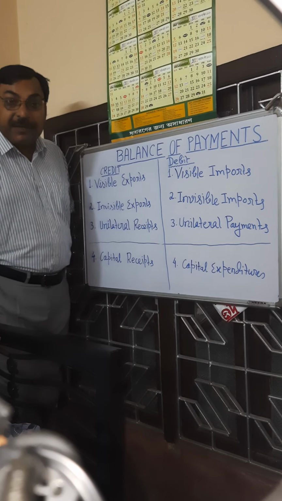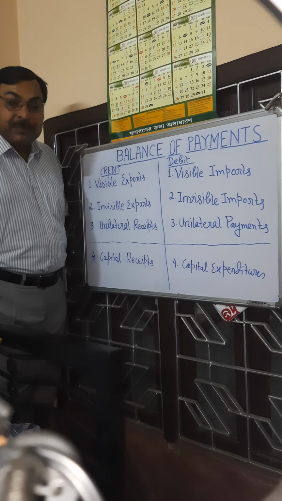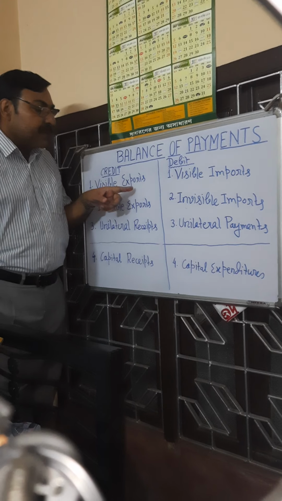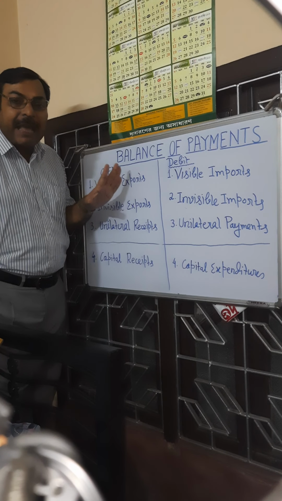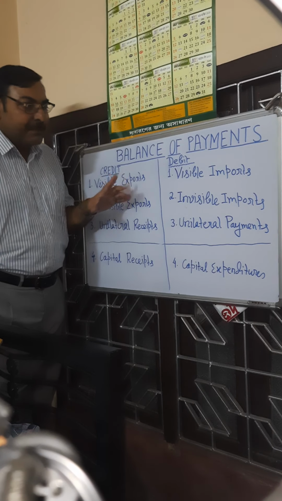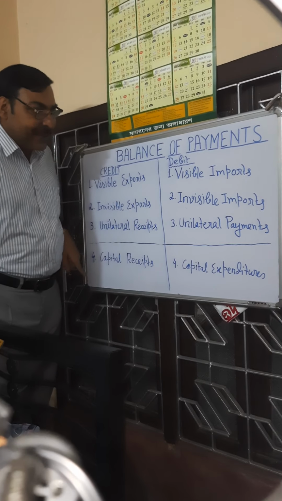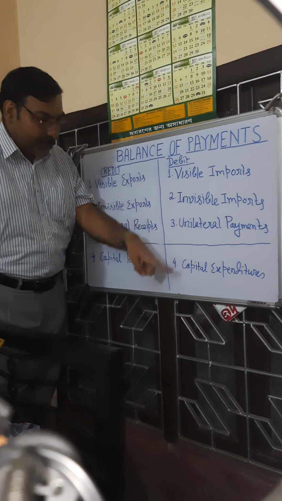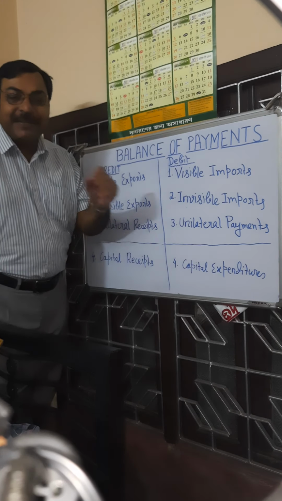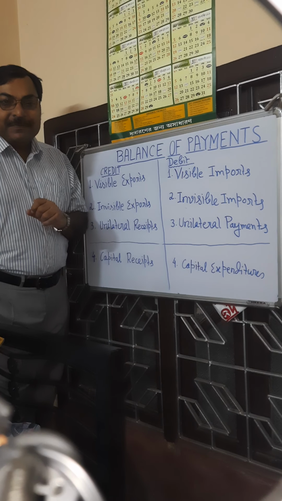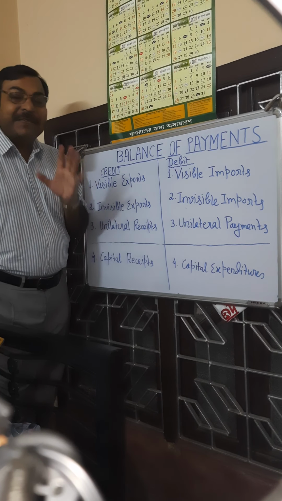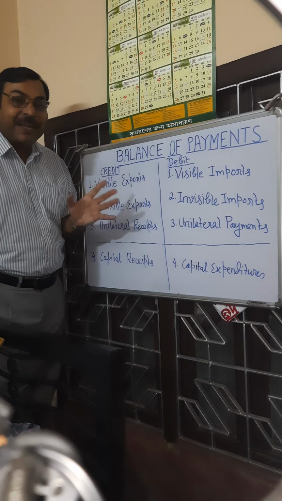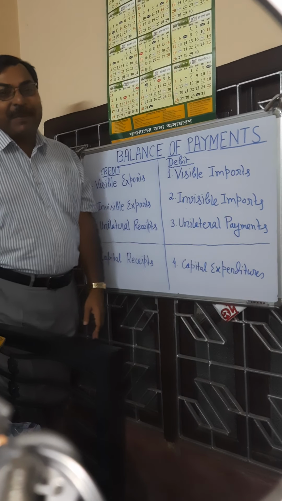This is a very important difference between these two. Balance of trade never considers capital transfers, but balance of payment along with all items also considers capital transfers. This is the basic difference between balance of trade and balance of payment.